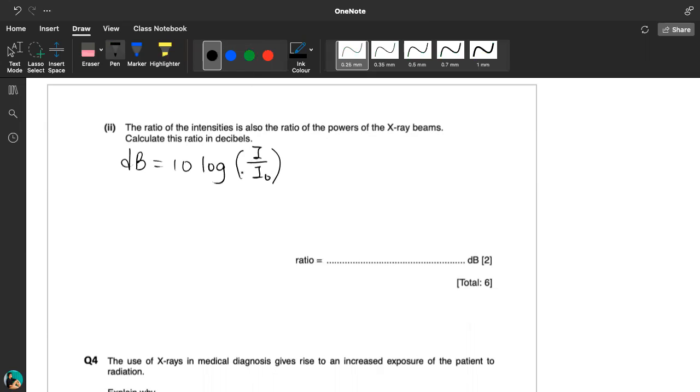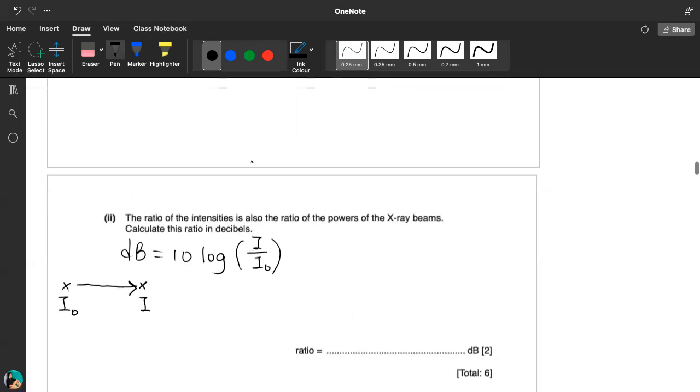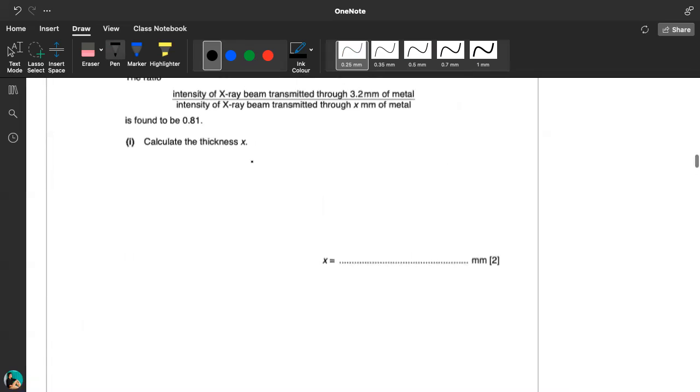So the intensity at a certain point with respect to the intensity of the source, I naught, is the I. We can use the fraction you got in number 1, the 0.81.